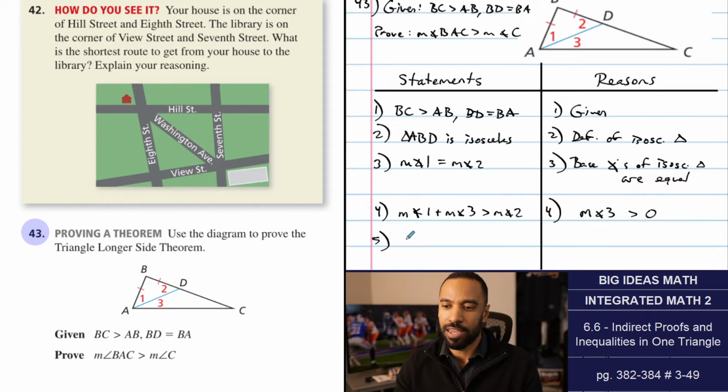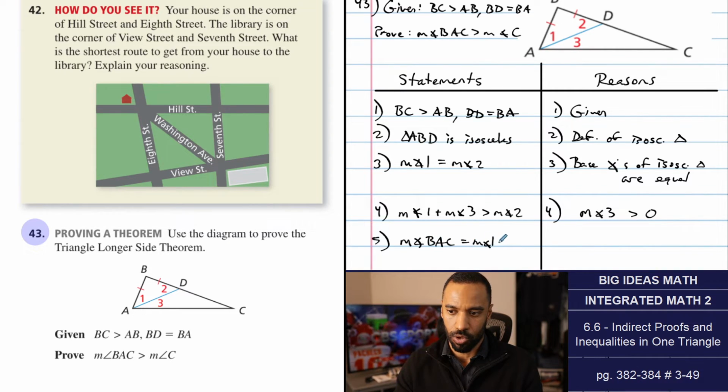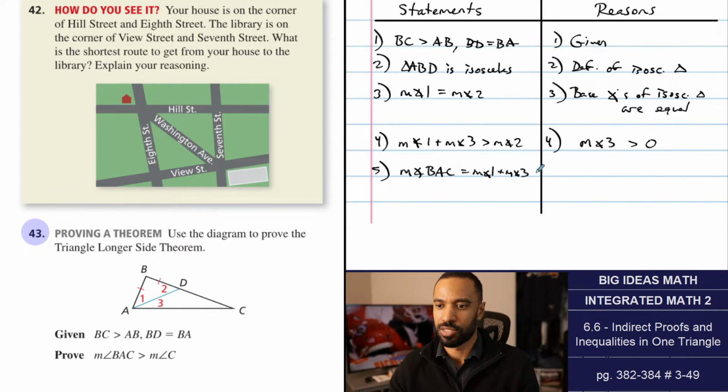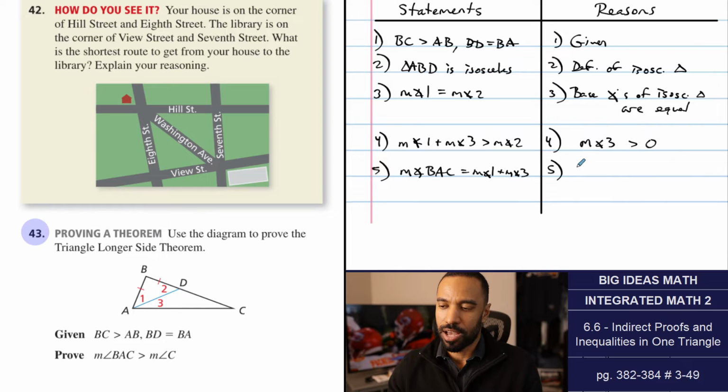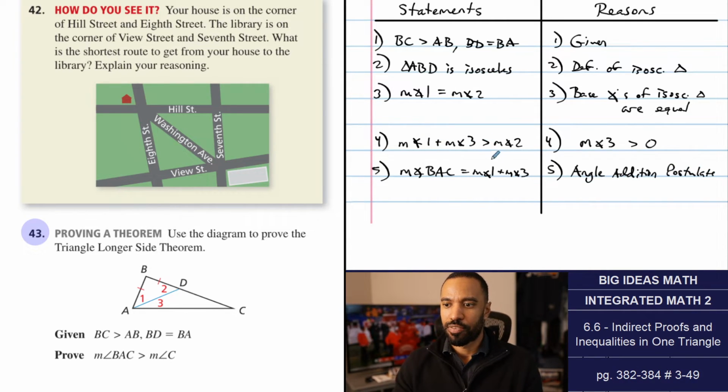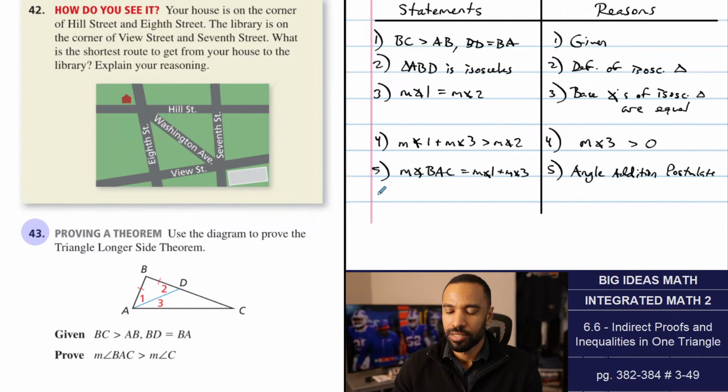But with 5, measure of angle BAC is equal to measure of angle 1 plus measure of angle 3. This is the angle addition postulate. And measure of angle 1 plus measure of angle 3 can take this guy's place.